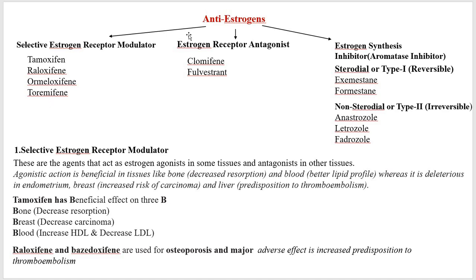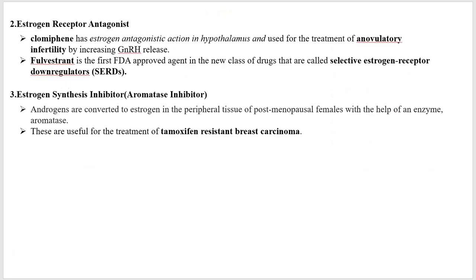So these are the anti-estrogen drugs. Along with that, the estrogen receptor antagonists are clomiphene and fulvestrant. The specific point for clomiphene is that it has estrogen antagonistic action in the hypothalamus and is used for the treatment of anovulatory infertility.